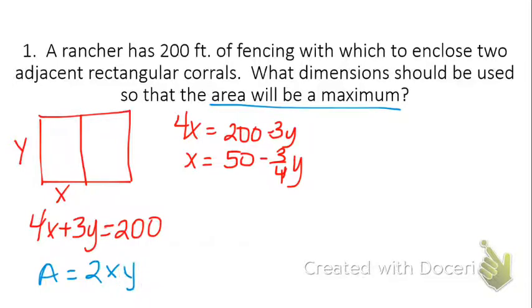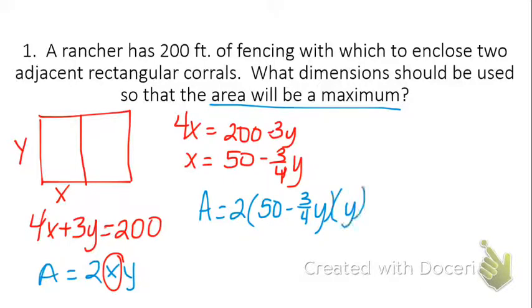In this case, we're doing it for x. So we would have area equals 2 times (50 minus 3/4 y) times y. You're with me so far?